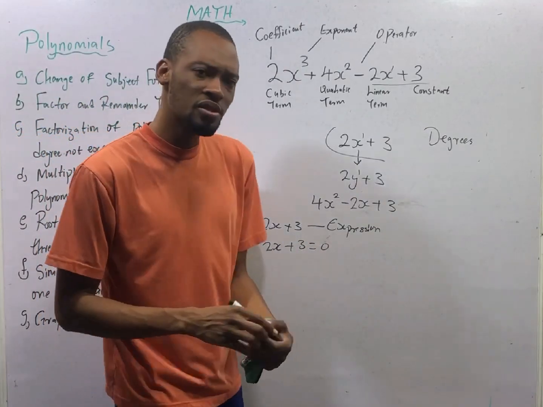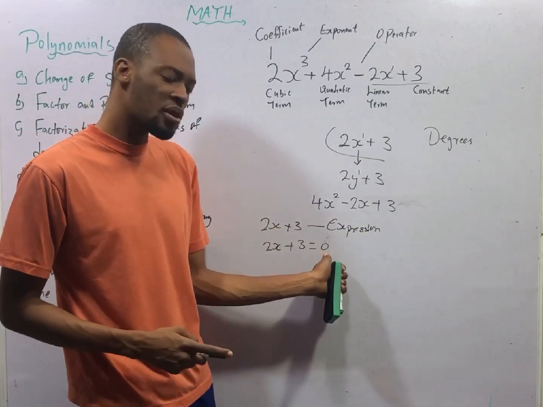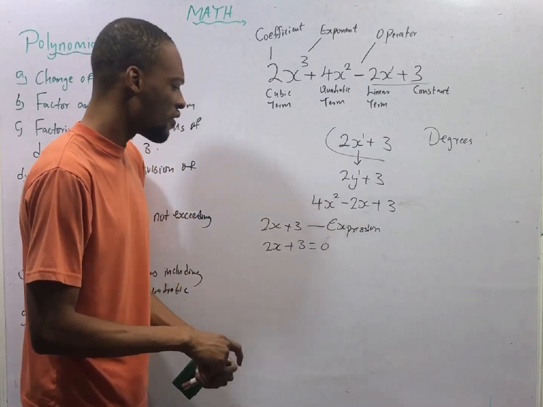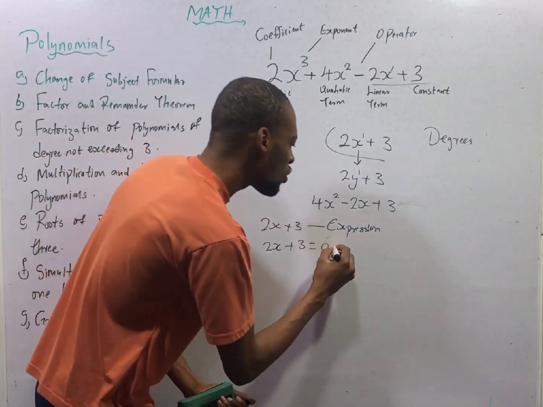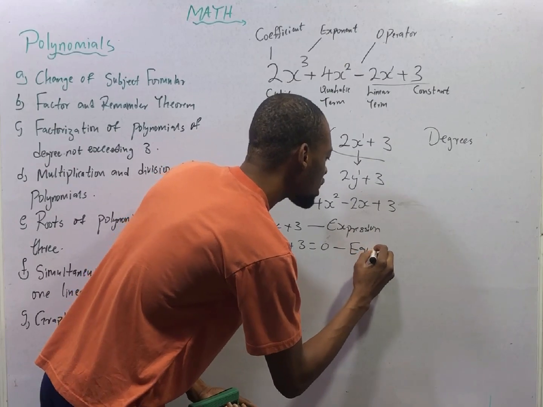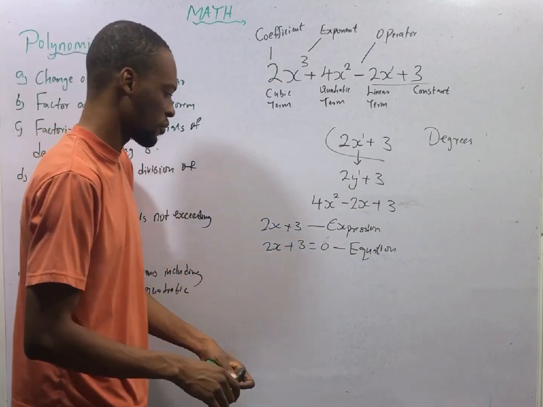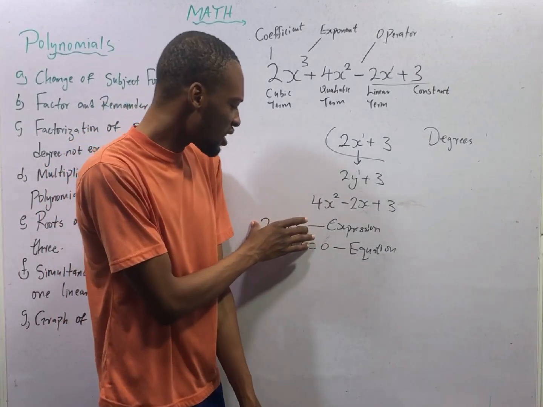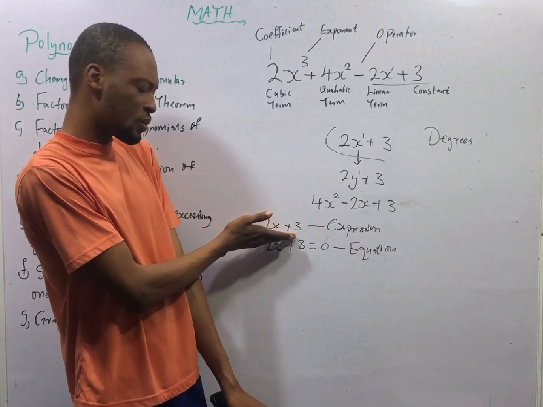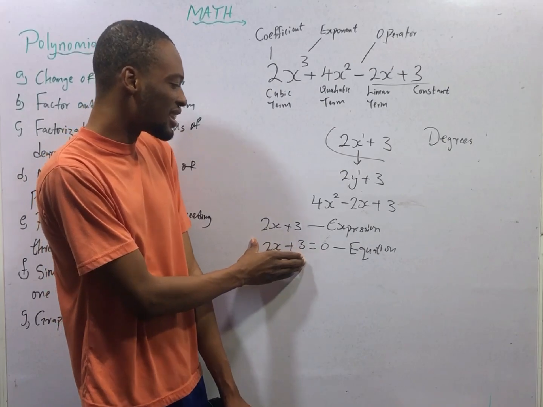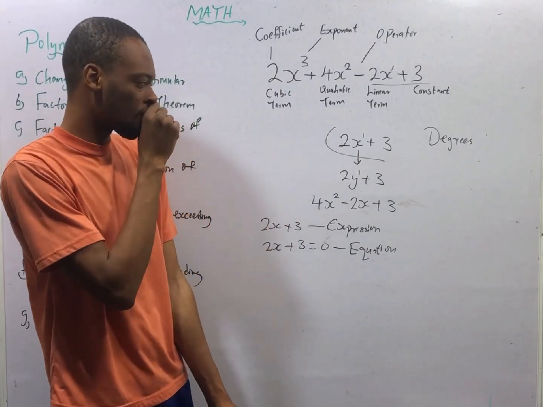It is an equation not because there is 0 here, but simply because there is an equal to sign. So when you have values separated with an equality sign, it is referred to as an equation. While this is a linear expression, this is a linear equation.